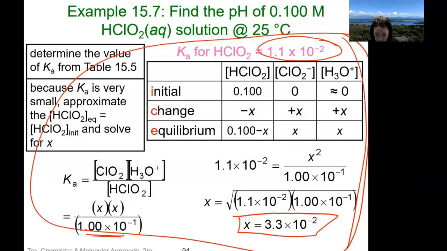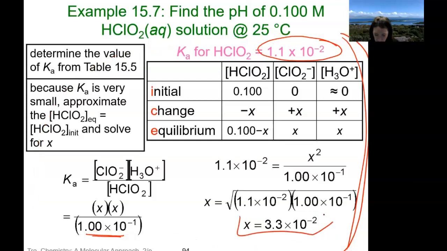So if our answer is X is 3.3 times 10 to the negative 2, that is our H3O plus concentration. So we just need to take the negative log of that. So the negative log of 3.3 times 10 to the negative 2, that's our pH.